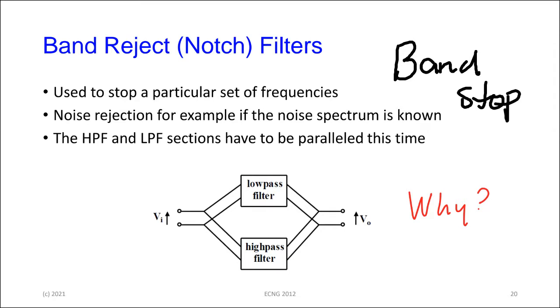Okay, so this type of filter is used to stop a particular set of frequencies. One application, for instance, is noise rejection. If you are in a signal environment where you know that there's a particular noise signal that will be around, for instance, in our environment, there's 60 hertz, because our AC distribution system is a 60 hertz grid here in Trinidad.